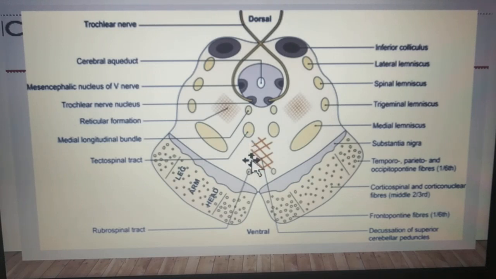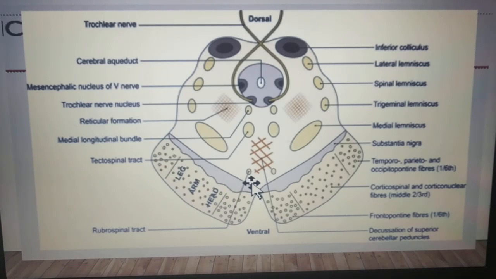Next, still more ventral to the tectospinal tract, there are some decussations seen. The decussations are of the superior cerebellar peduncles in the median aspect. There are certain white matter fibers still more ventral to the decussations, and that is the rubrospinal tract.